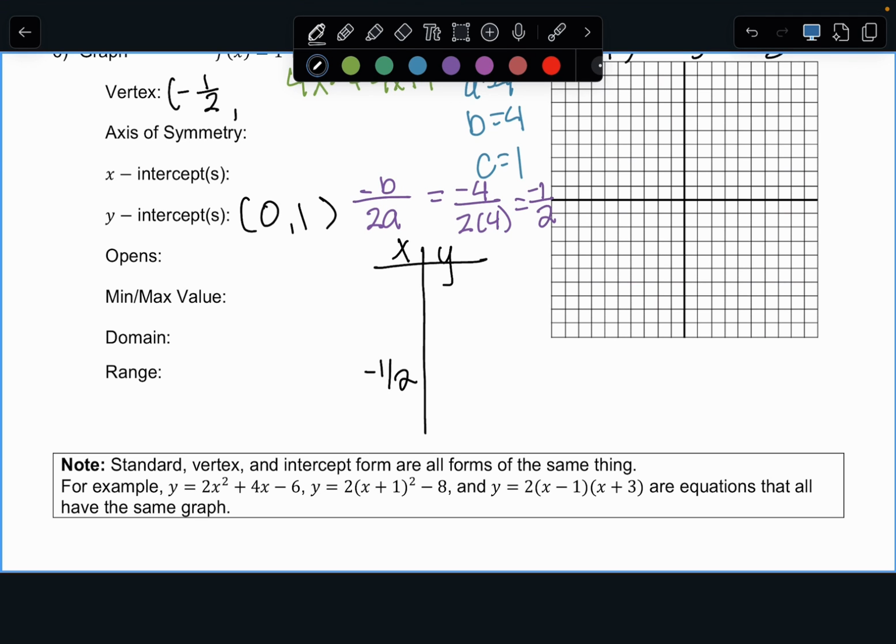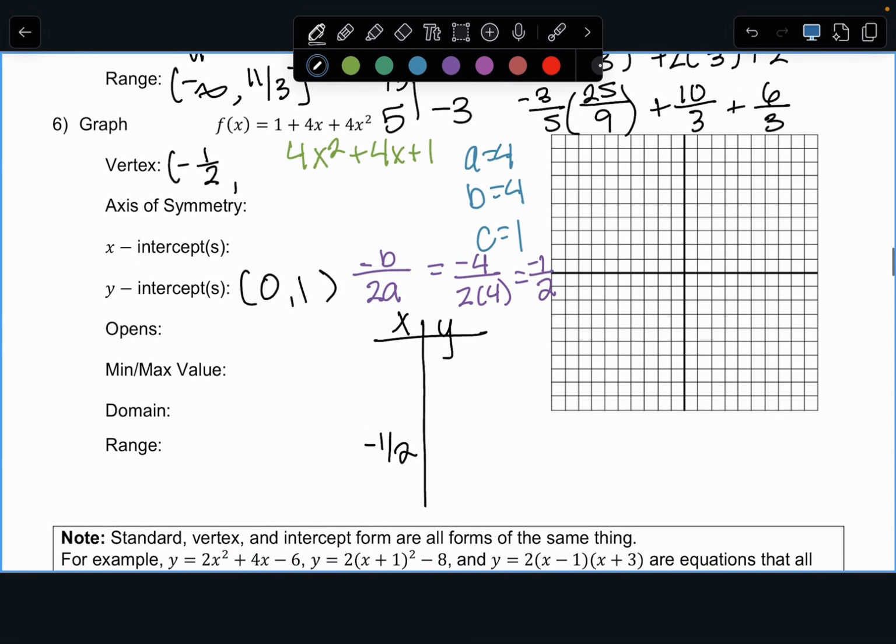We won't try to avoid them. So here's -1/2. My next step is to plug it in. 1 plus 4 times -1/2 plus 4 times -1/2 squared. Four times -1/2 is -2.